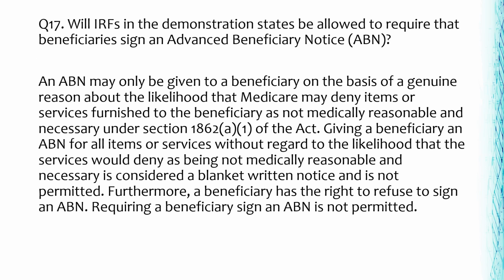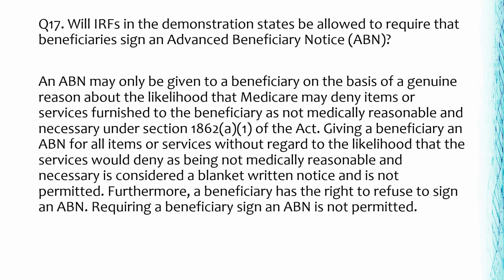Will IRFs in the demonstration states be allowed to require that beneficiaries sign an Advance Beneficiary Notice or ABN? An ABN may only be given to a beneficiary on the basis of a genuine reason about the likelihood that Medicare may deny items or services furnished to the beneficiary as not medically reasonable and necessary under Section 1862(a)(1) of the Act.